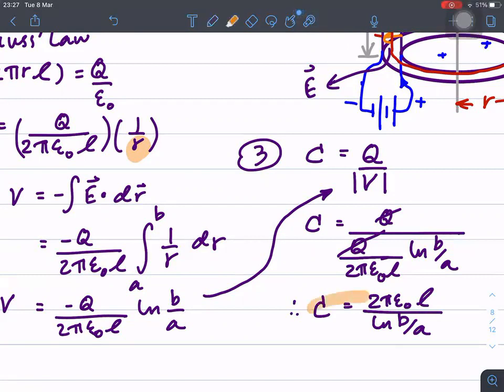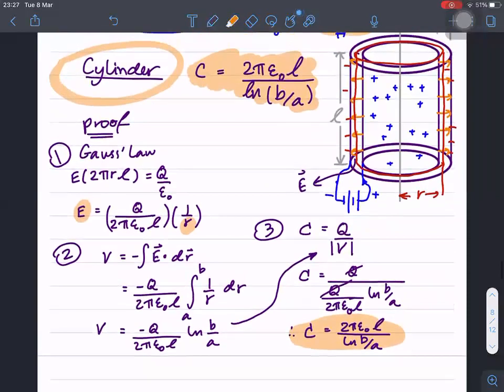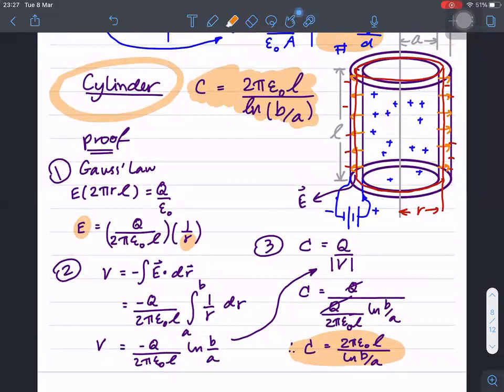Okay, so here I have shown you how to calculate the capacitance for the parallel plate and the parallel cylinder systems.